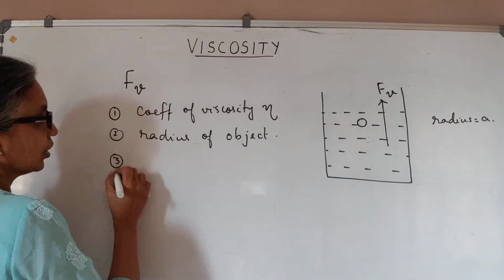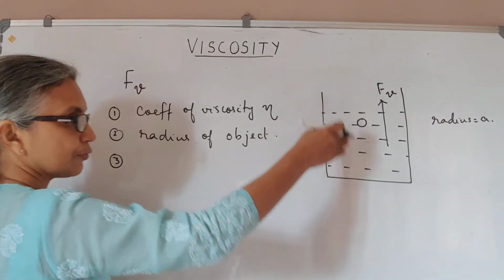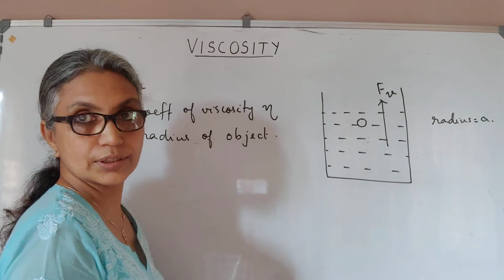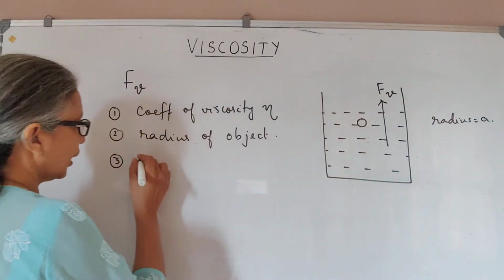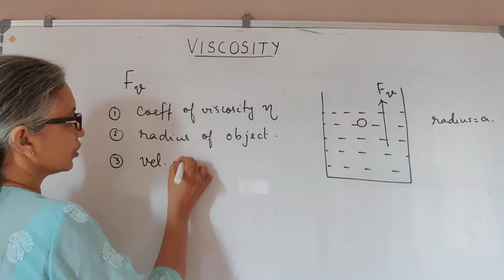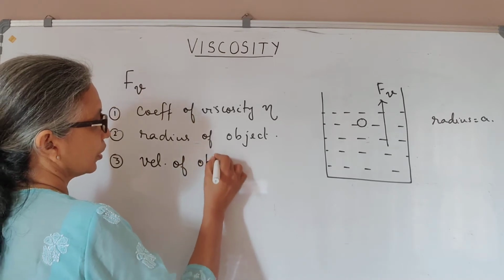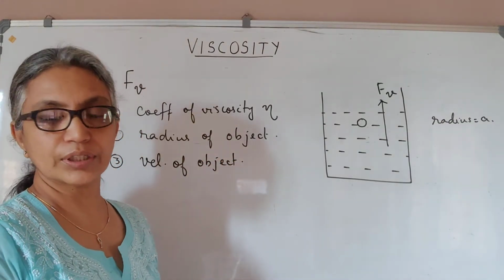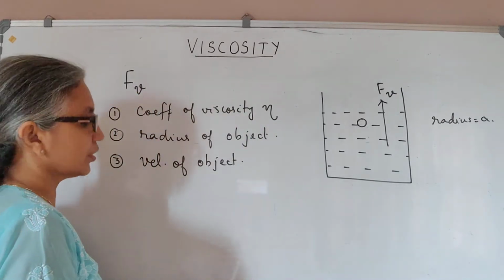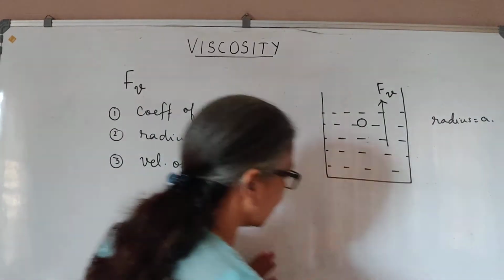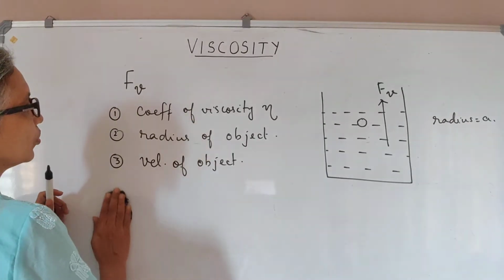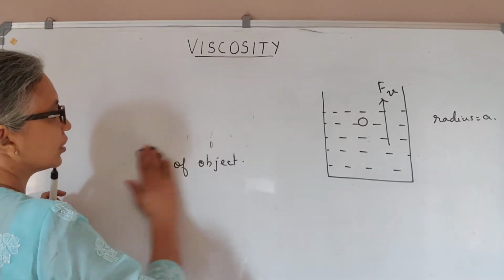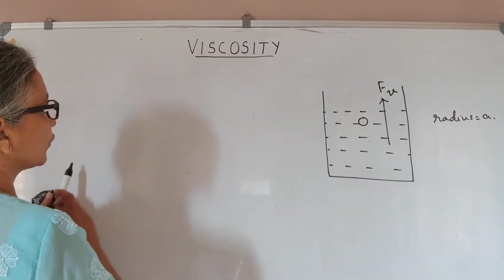The third is the velocity with which it is falling. So it's falling down with some velocity through the fluid, and so the third factor is the velocity of the object. Now using dimensional analysis, we can actually find out an equation that relates the viscous drag or viscous force to these factors. So let us try to derive an expression for that viscous force.